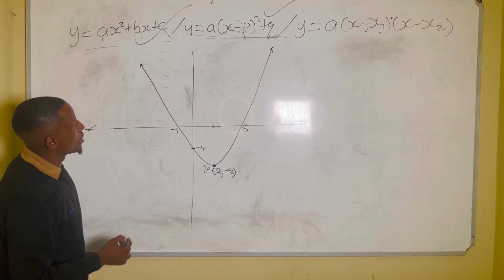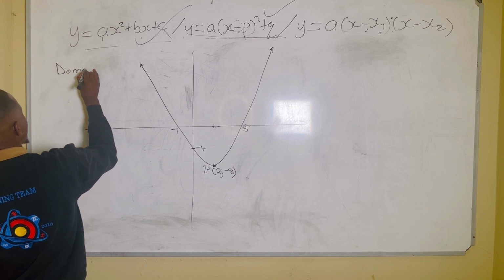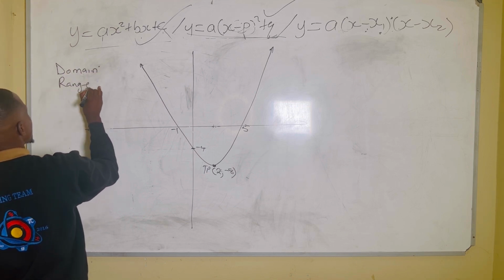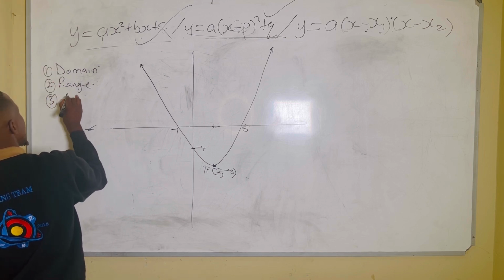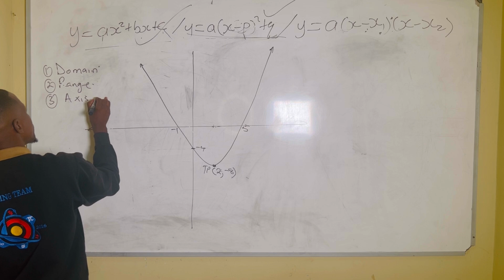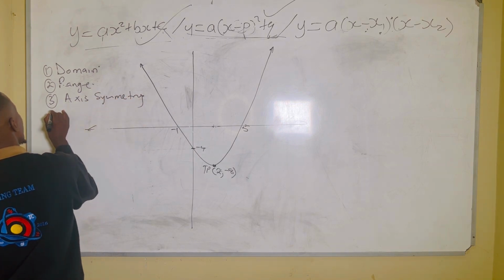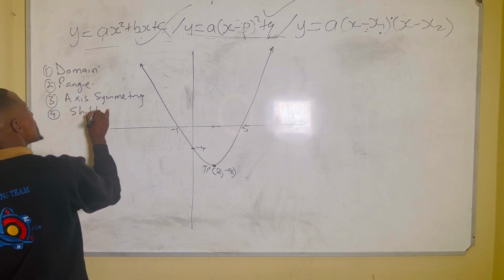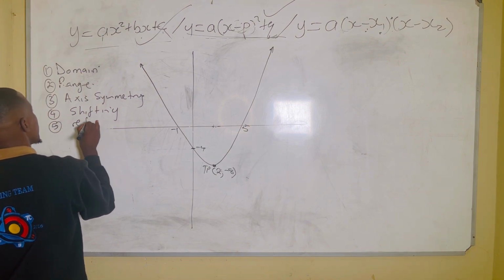So in this situation, possible questions that can be asked are the domain, range, axis of symmetry, shifting, reflection.